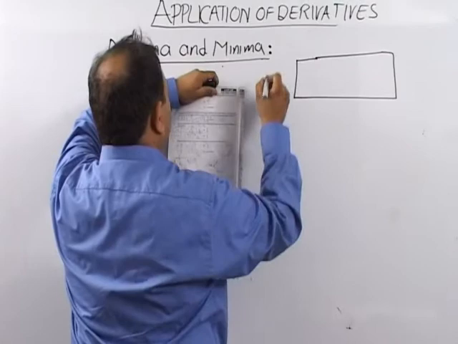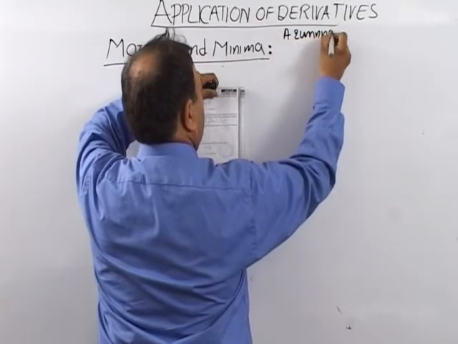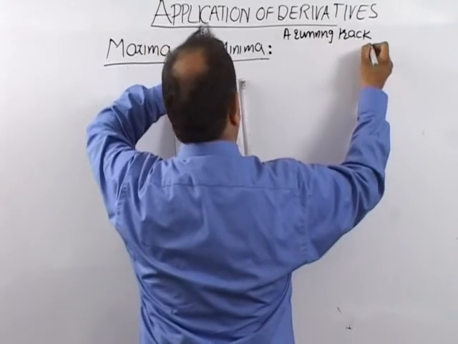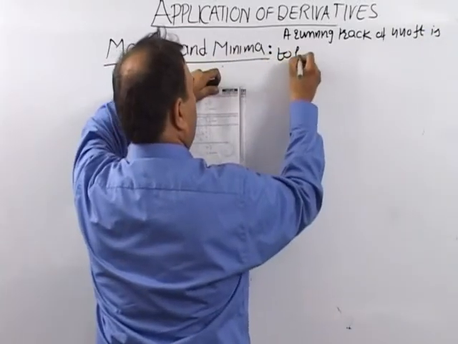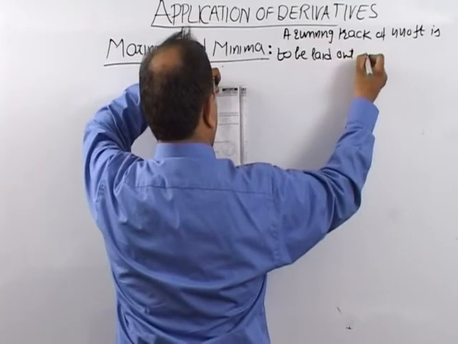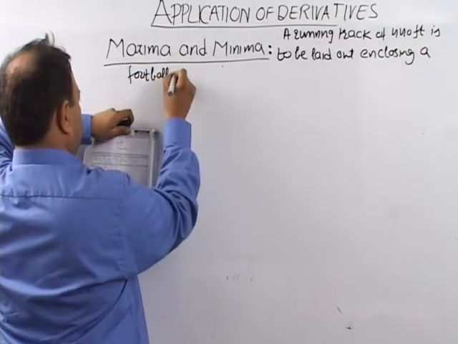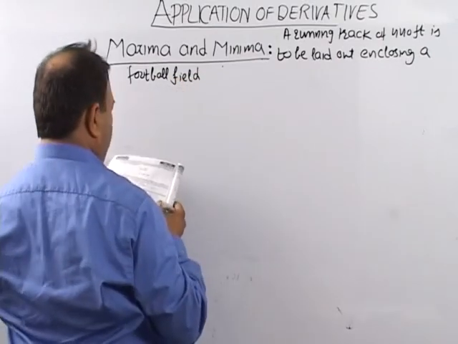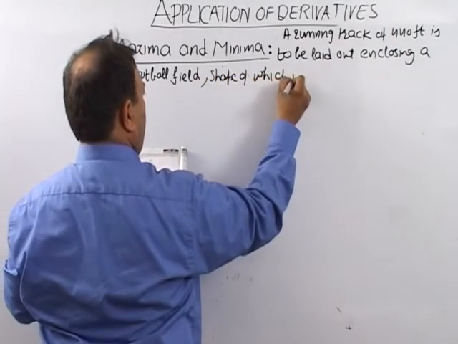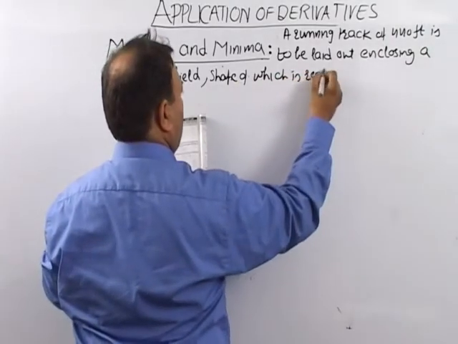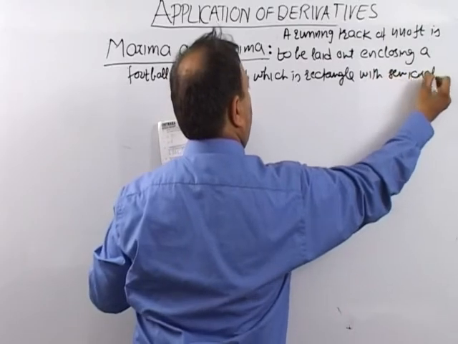The question is: a running track of 440 feet is to be laid out, enclosing a football field, the shape of which is a rectangle with a semicircle at each end.